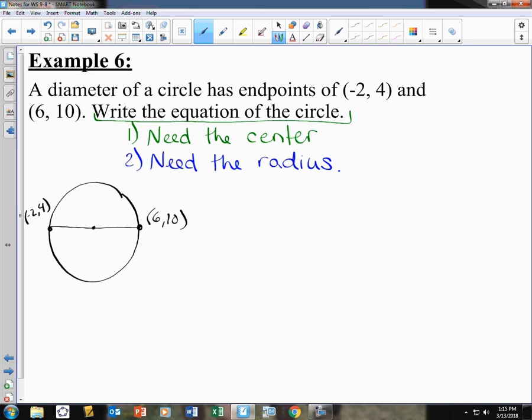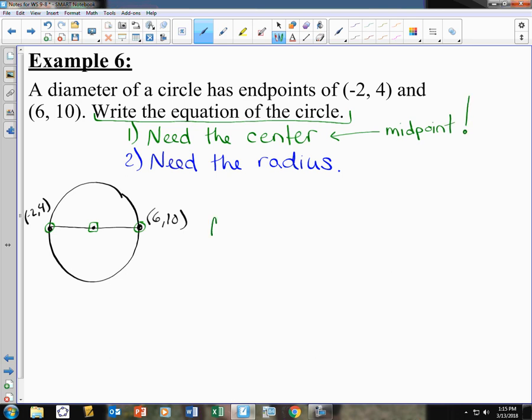So I need to find the center first. Well, look right here. How does the center compare to the 2 points that you were given? Maybe it's the midpoint? So let's see. Hopefully we can remember the midpoint formula. So the midpoint is the average of the x's.